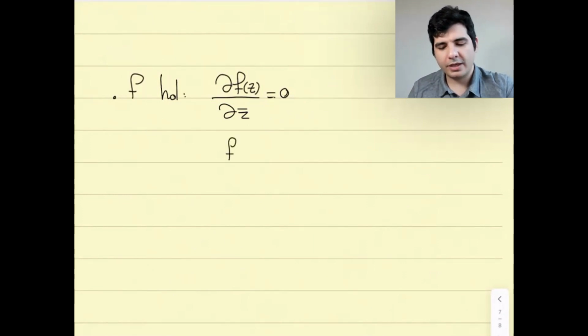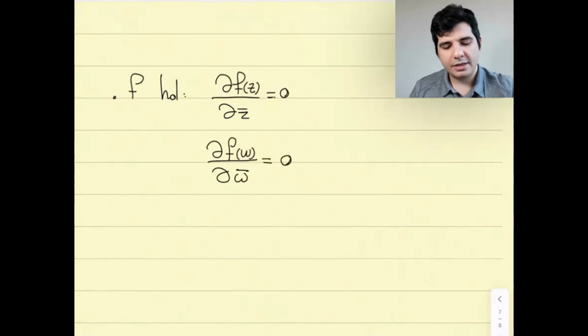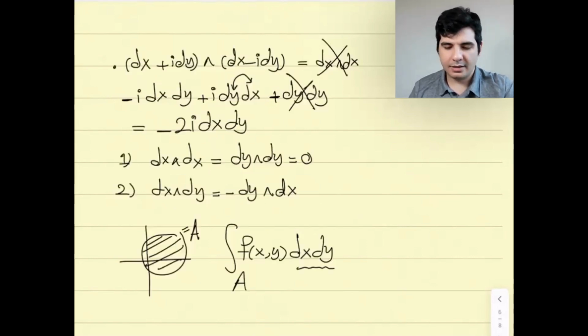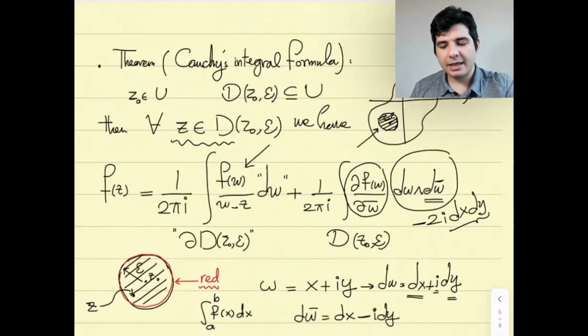If you write it as a function of w, its derivative with respect to w bar would also be 0. So in particular, in Cauchy's integral formula, if we also add the assumption that f is holomorphic, it simplifies. Going back here, the second integral would disappear. So if f is holomorphic, this would be 0.